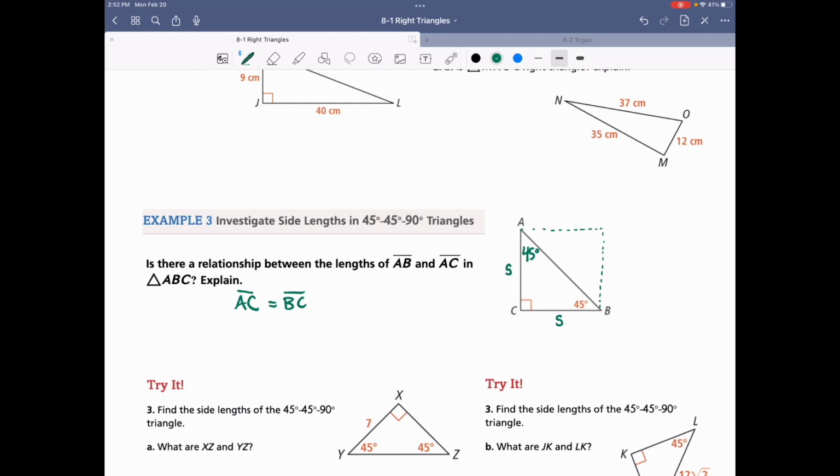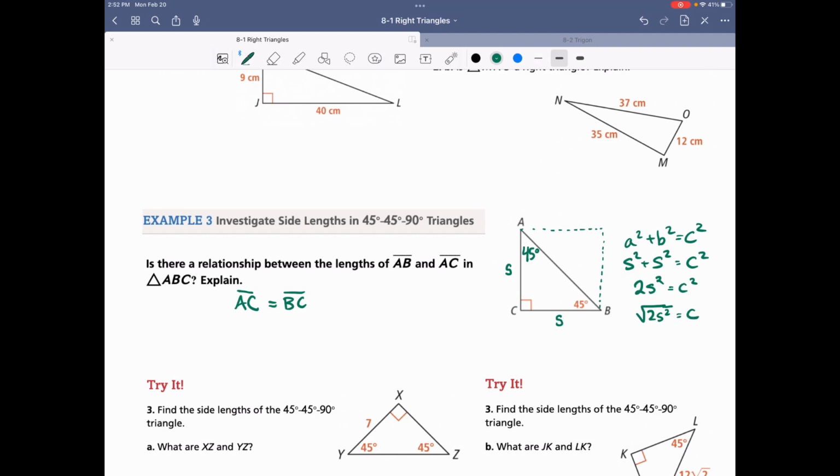Well then, if we use the Pythagorean theorem and we said, well, a squared plus b squared equals c squared, a is s, b is s, so we have 2 of these s squareds is equal to c squared. 2s squared is equal to c squared. And then we take the square root of 2s squared.